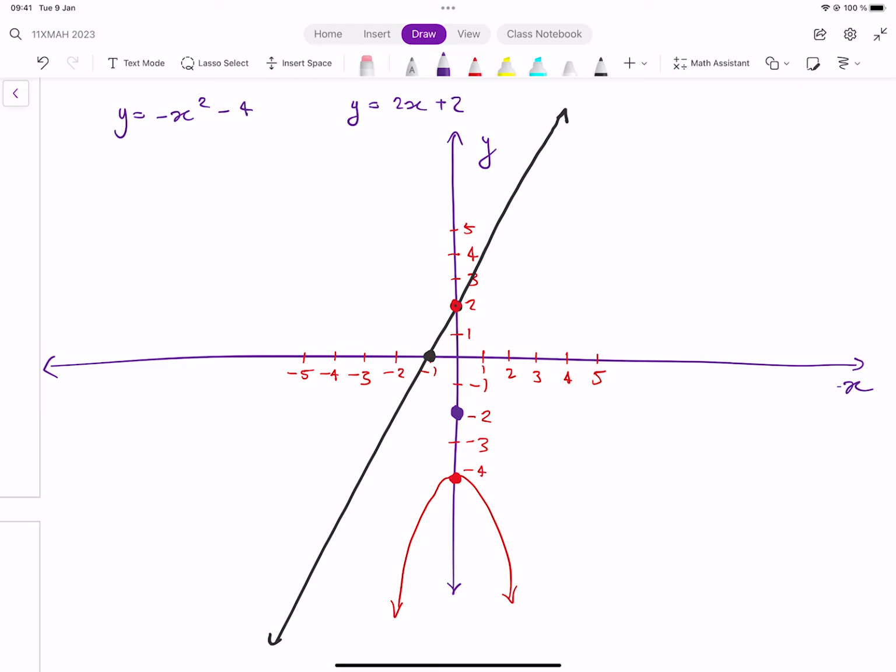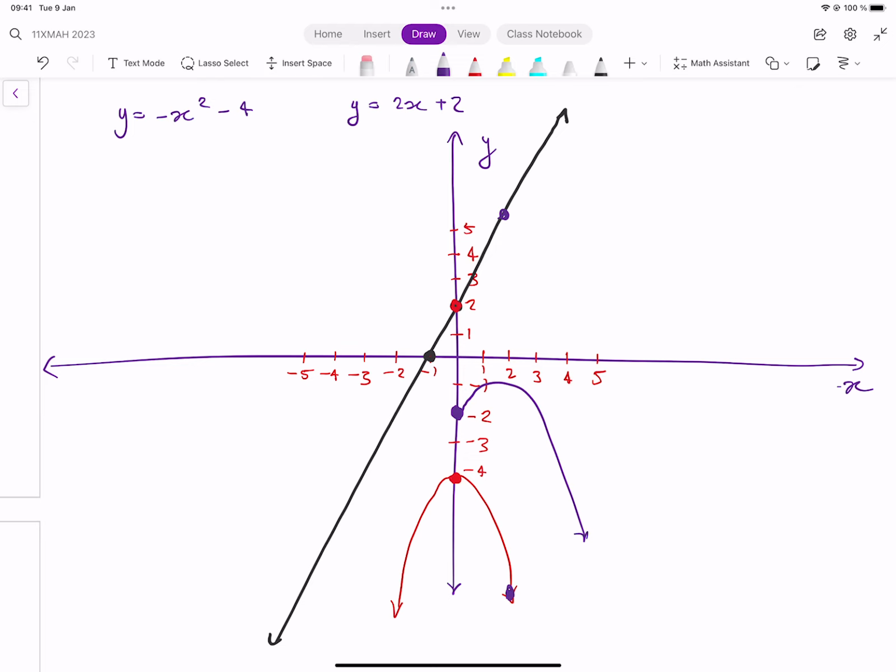I'm thinking that my parabola is decreasing much, much faster than my straight line. So my parabola down here, for example, might be at -10, but my straight line is only up here at about 6. So what I reckon is going to happen is I reckon our line's going to go up a tiny bit and then go down.